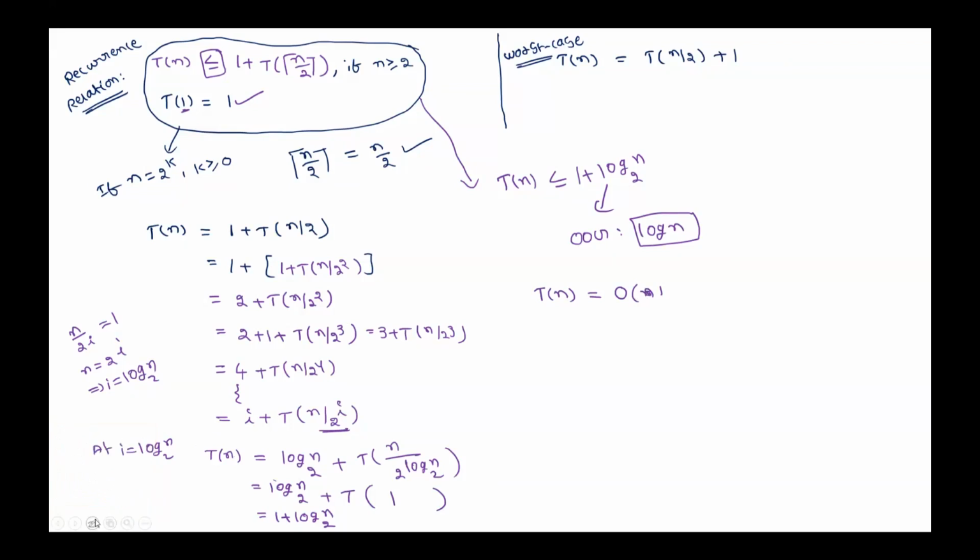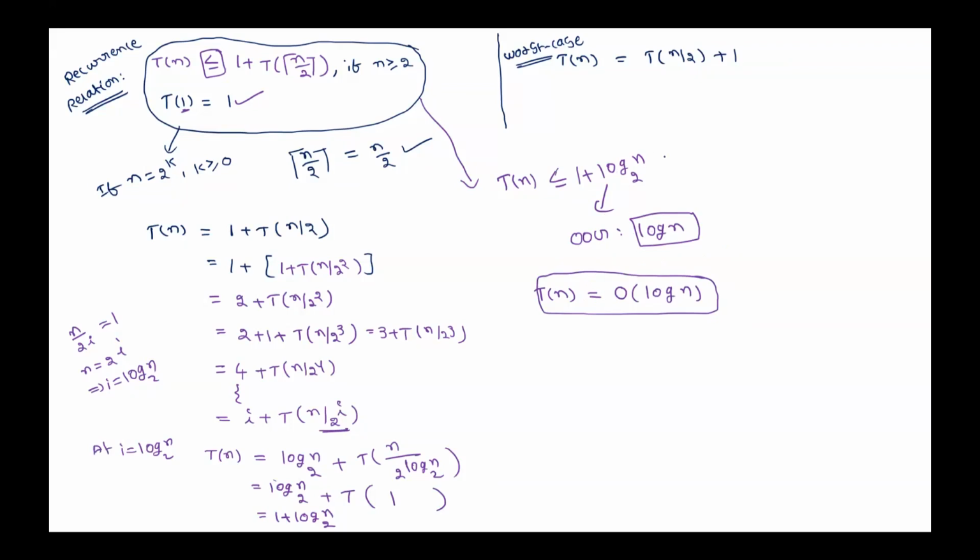Is it correct if I represent it as big O of log n, where T of n is worst case running time of binary search? So T of n is big O of log n. Is that correct or not? Correct. Okay. Now with whatever we have proved, it is less than or equal to. That means it is upper bound.